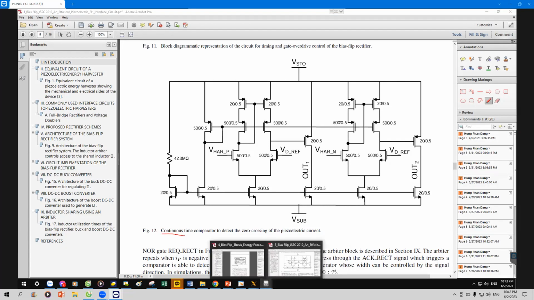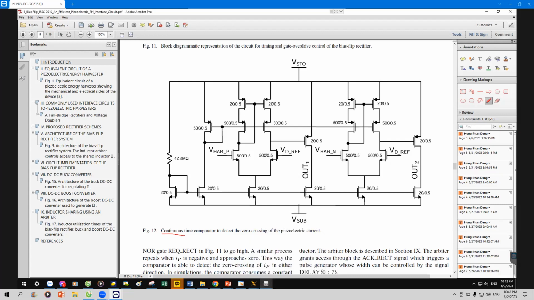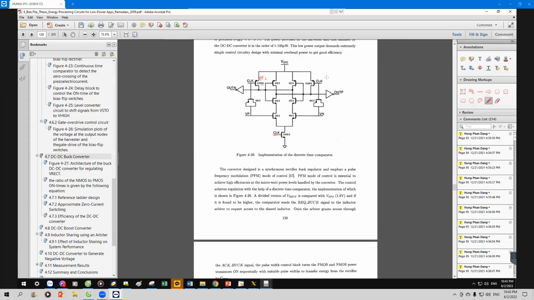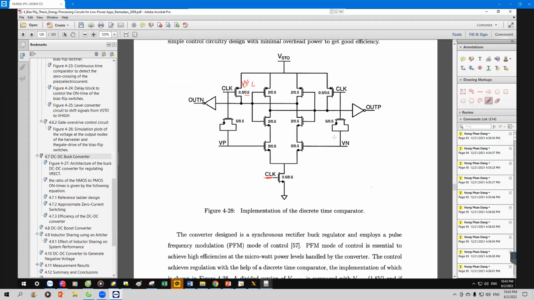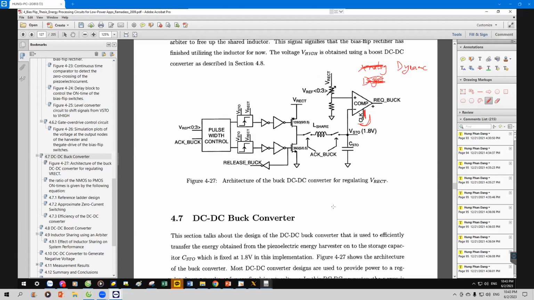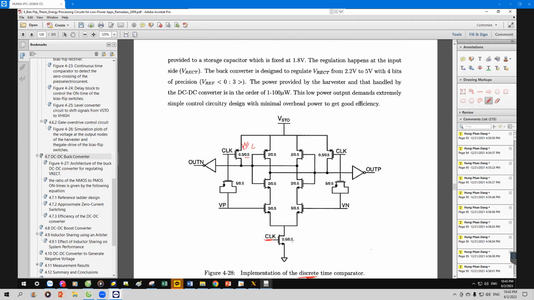Ours in this case is discrete, right? A discrete comparator means it has a clock. It operates with the clock.